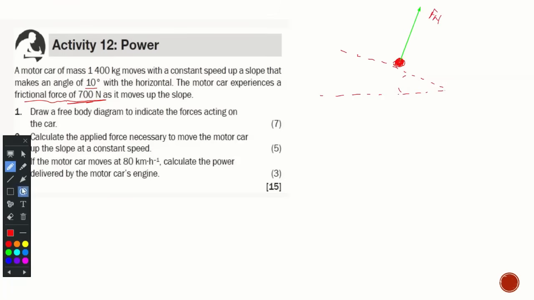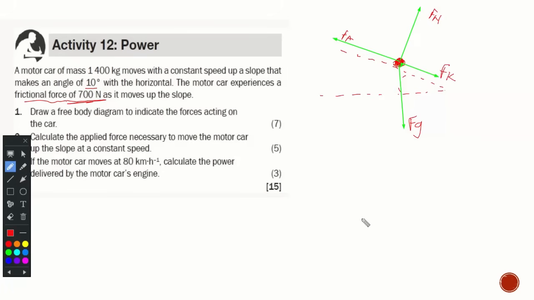And then down here, there goes our gravitational force, straight down like this, Fg. And then there's the force applied by the motor, pulling it upward, right? So as it's going upward, there's the applied force. And then the car experiences a frictional force as it goes up, so we have our kinetic frictional force.